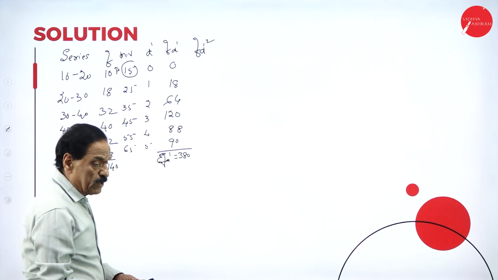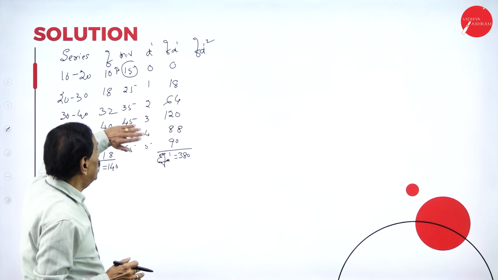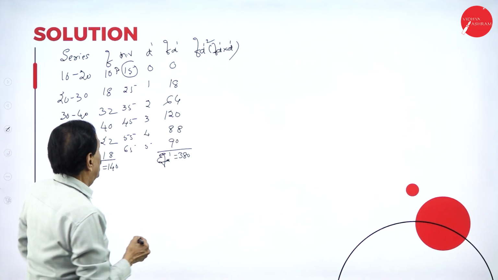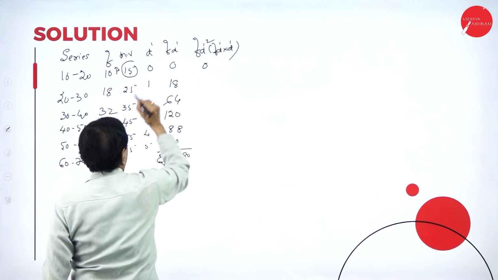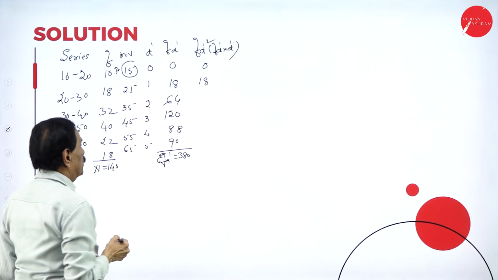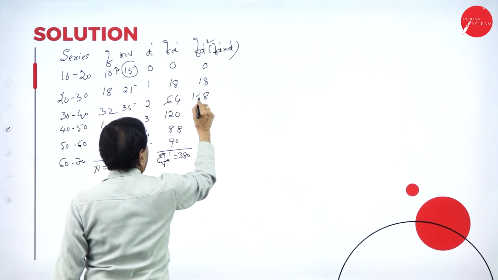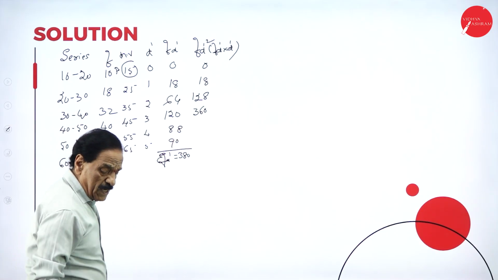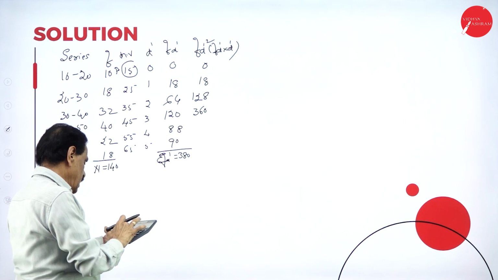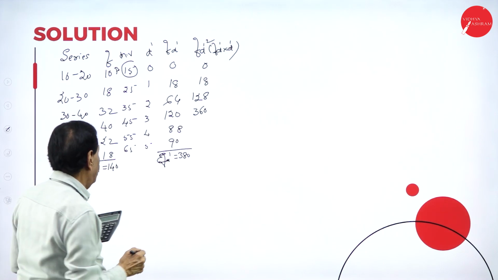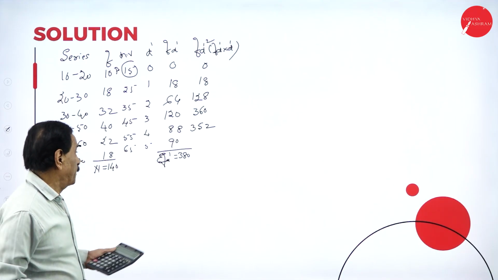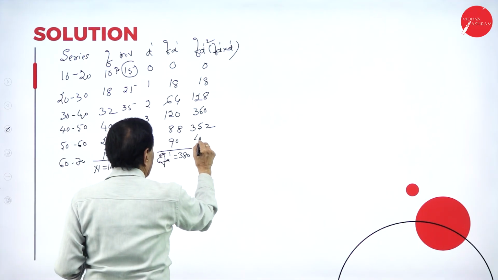What is f d dash square? It is f d dash into d dash. 0 into 0 is 0. 18 into 1 is 18. 64 into 2 is 128. 120 into 3 is 360. 88 into 4 is 352. 90 into 5 is 450.